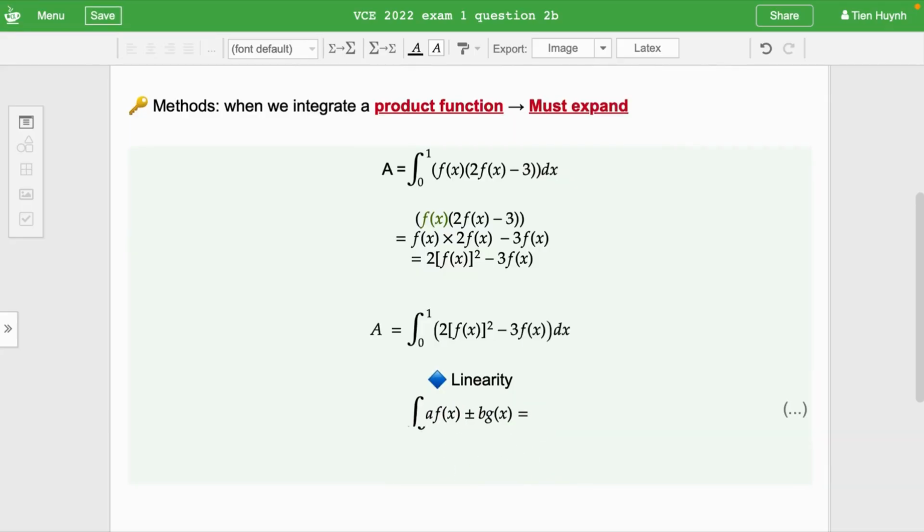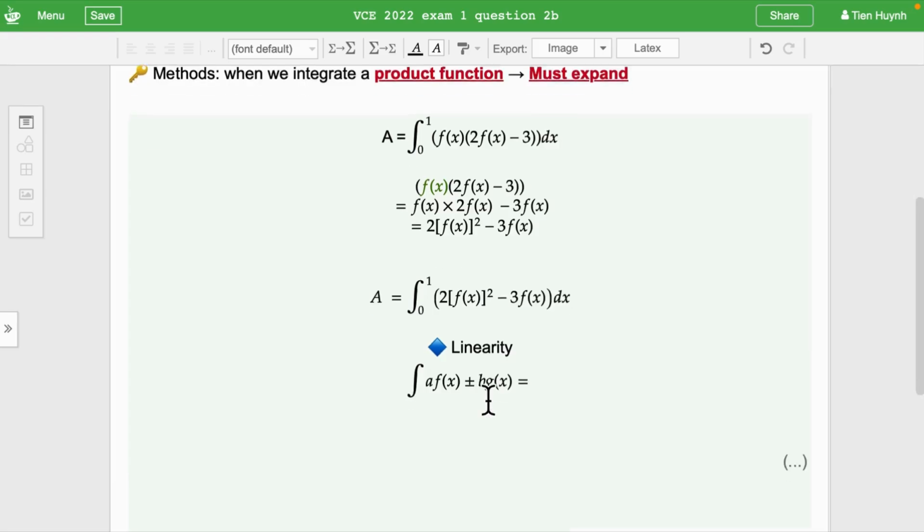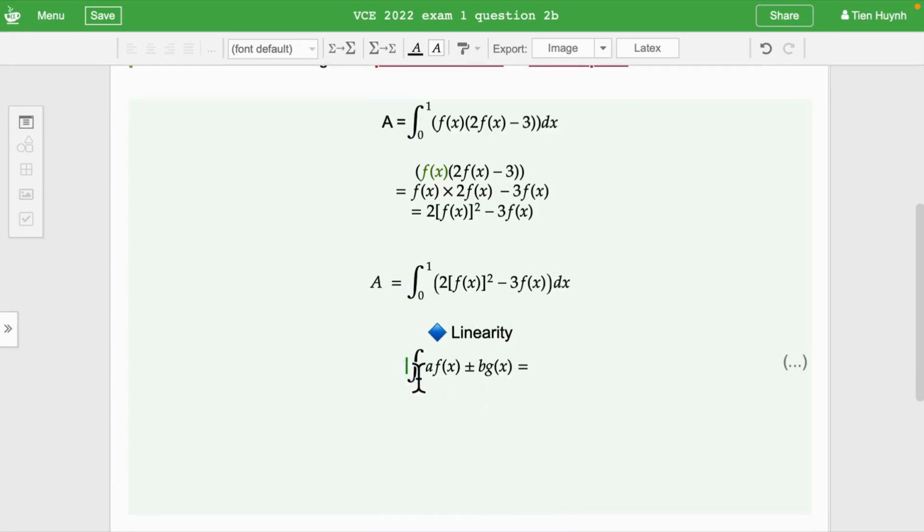The key is that because it is plus and minus and then multiplied with a constant, you can expand it like this. You integrate that, and then you plus or minus the integration of, now you need to bring a outside, and then you have b multiplied by g(x).